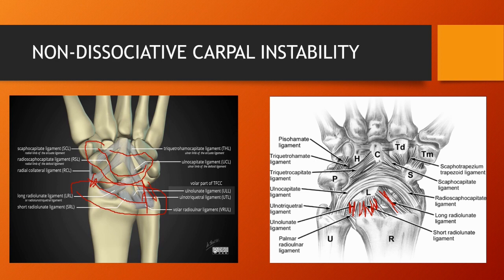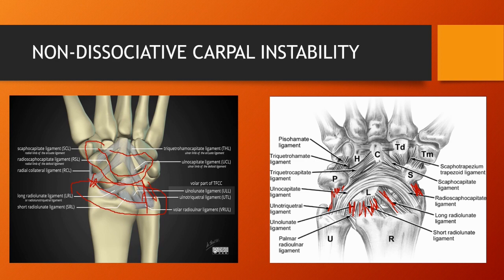In addition to those, here we have an ulnotriquetral ligament down here, which goes on up to the triquetral bone. We have an ulnopisiform ligament here. We have a radioscaphoid ligament here. And those are simply ligaments that span the articulation between the distal radius and ulna and the proximal row of carpal bones.